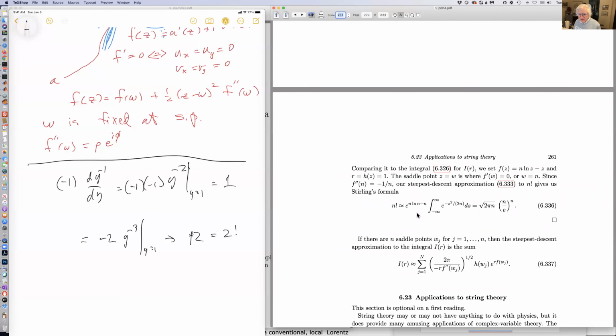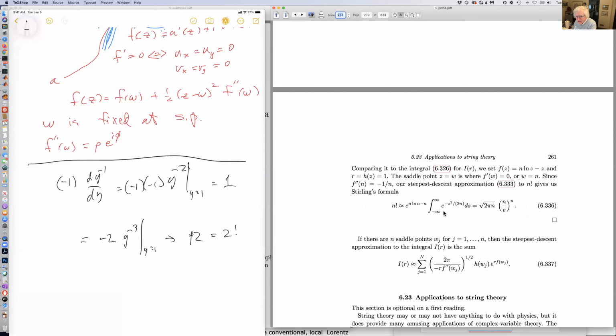What we do is we pull out the e to the n log n minus n, which is e to the r f of w, but r is 1, so it's just e to the f of w, and f of w is, since w is n, n log n minus n. So that comes out.